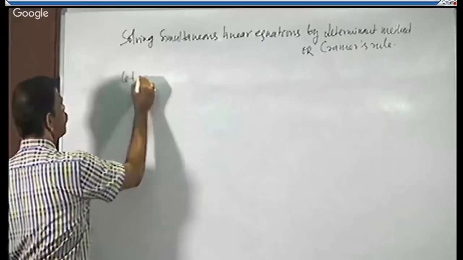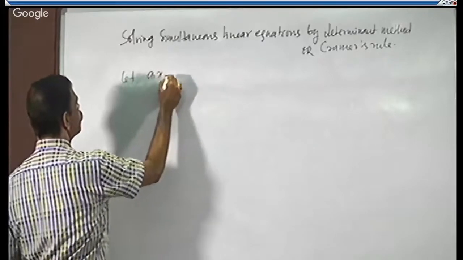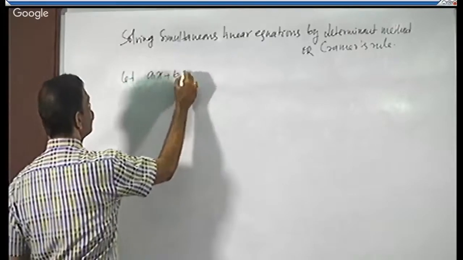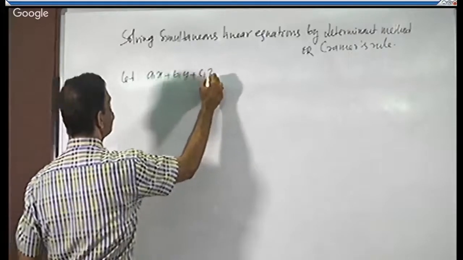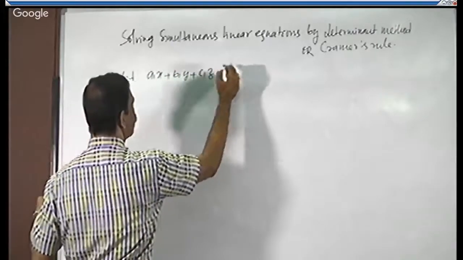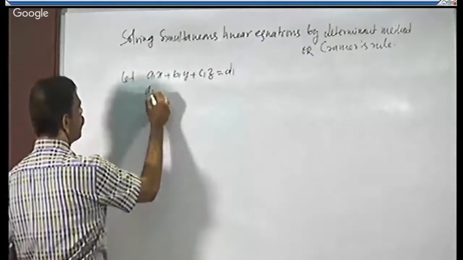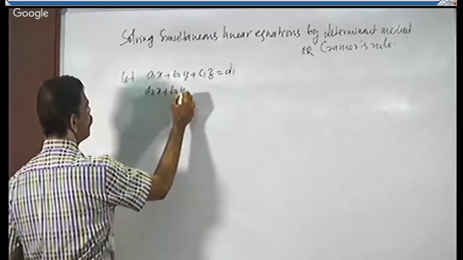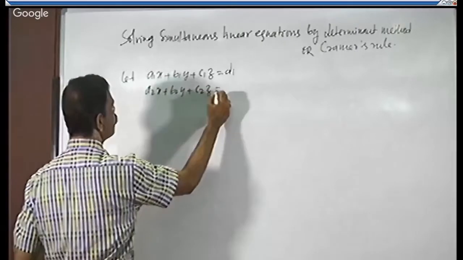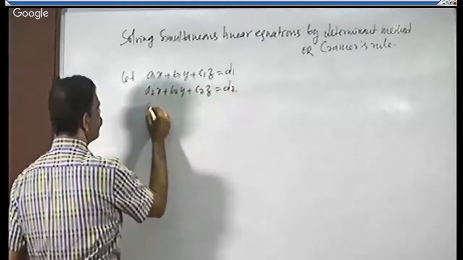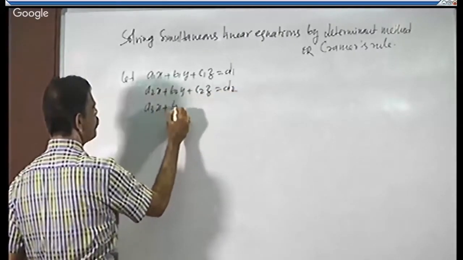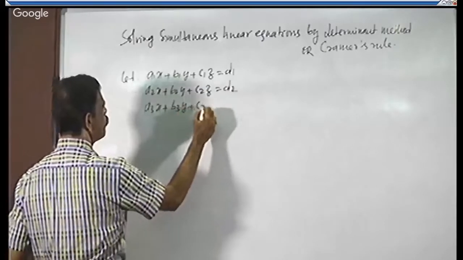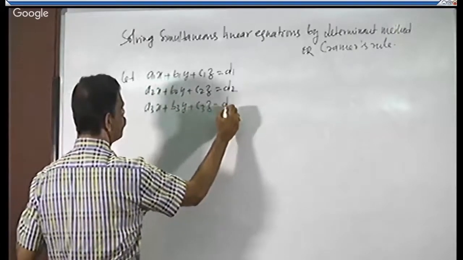Let a1x plus b1y plus c1z is equal to d1. a2x plus b2y plus c2z is equal to d2. a3x plus b3y plus c3z is equal to d3.